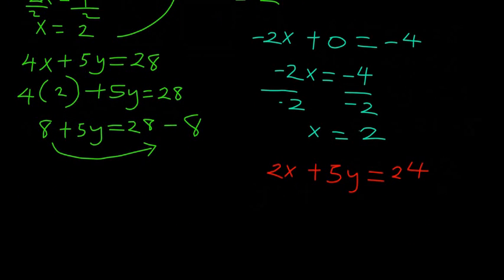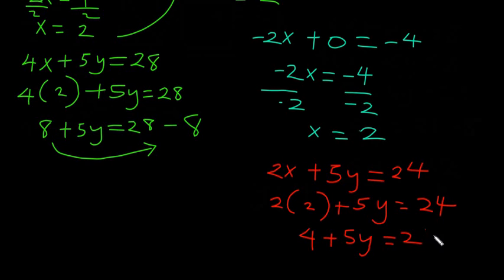So let's replace x with 2. We're going to have 2 multiplied by 2 and then plus 5y is equal to 24. So this is going to give us 4 plus 5y is equal to 24.